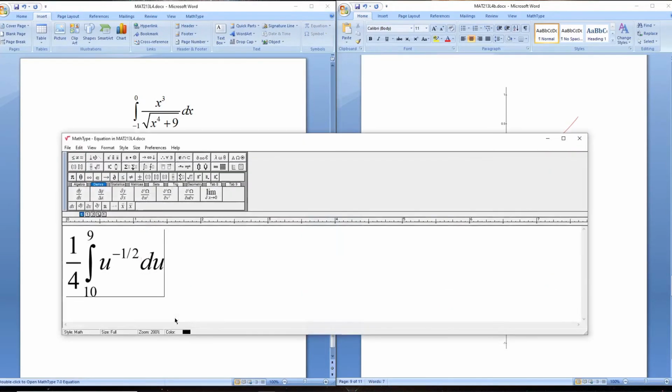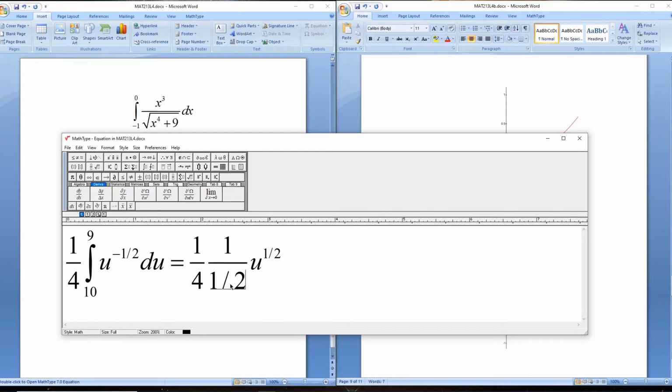So let's get that antiderivative. So u, we're going to add 1 to the exponent. So -1/2 plus 1 would get us a +1/2. And then we always have to divide by that new exponent.